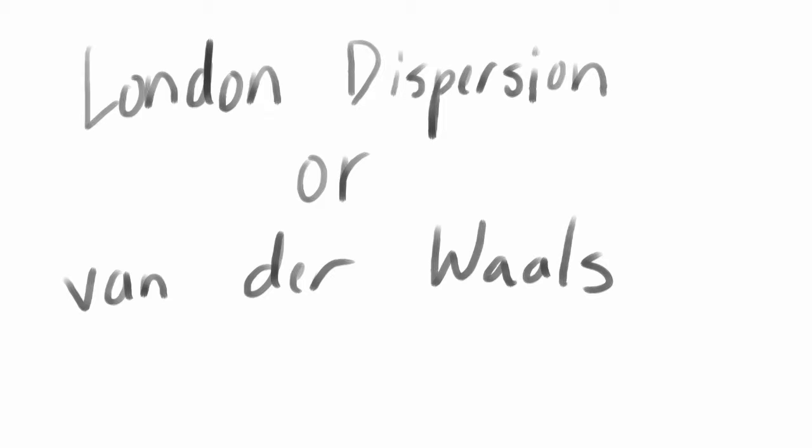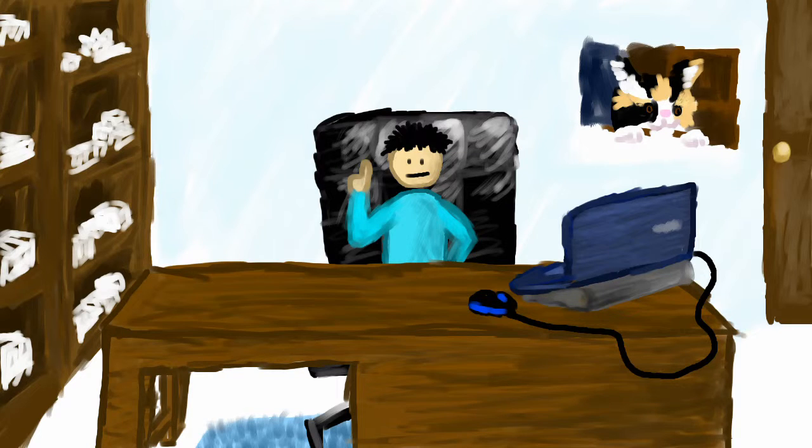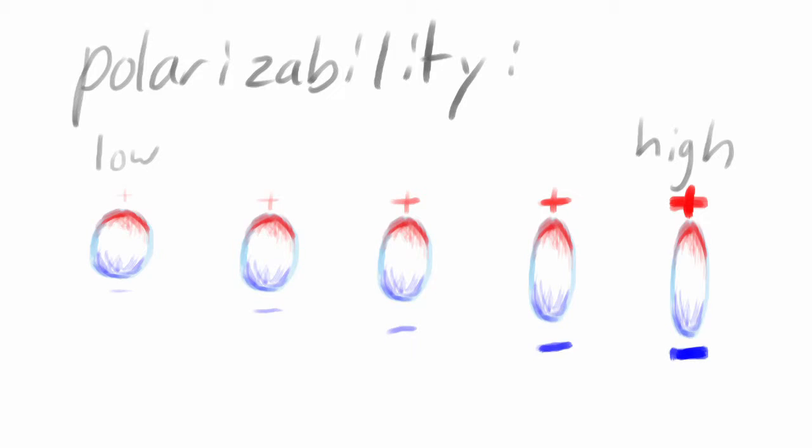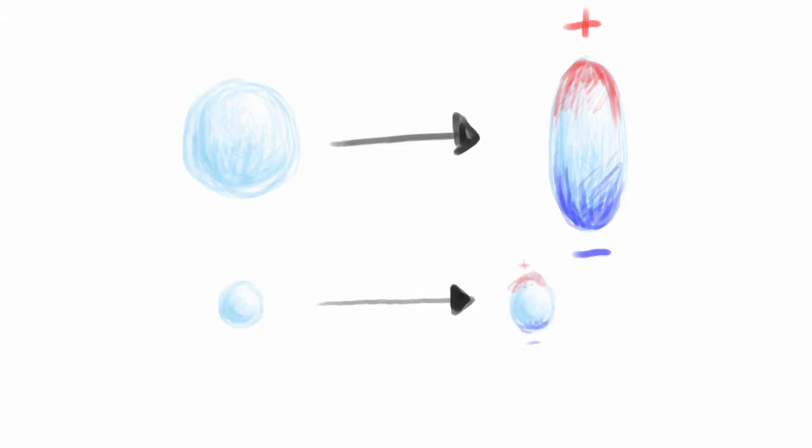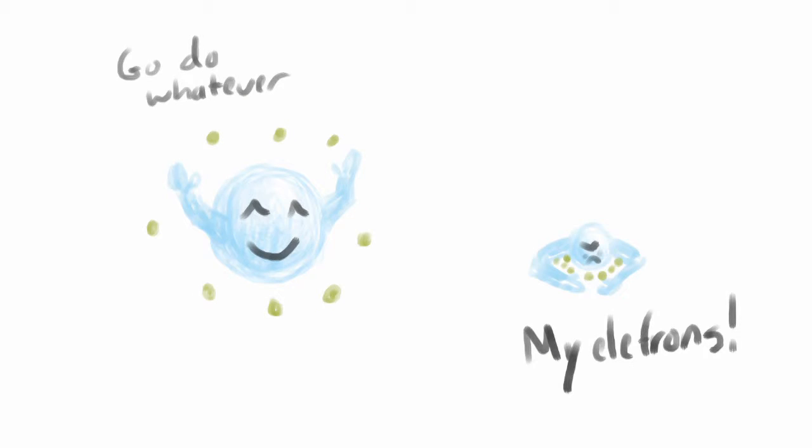A big factor of how much a dipole can occur is the molecule's polarizability, or the ability of this molecule to become polar. Larger atoms or molecules tend to be more polarizable, as they tend to loosely hold onto their electrons, allowing more movement and a greater charge.